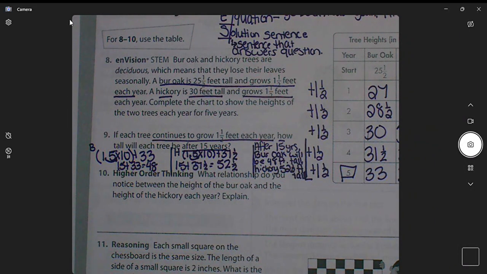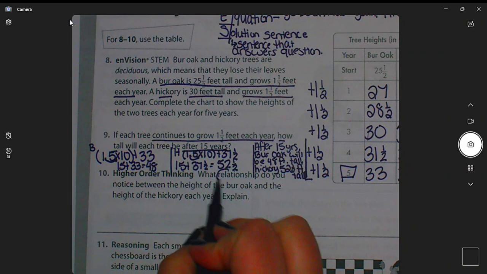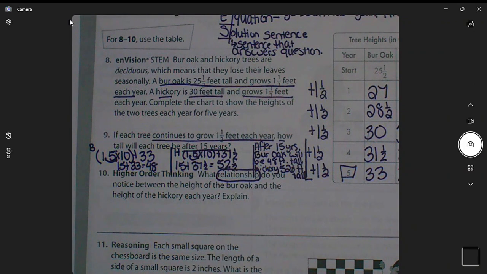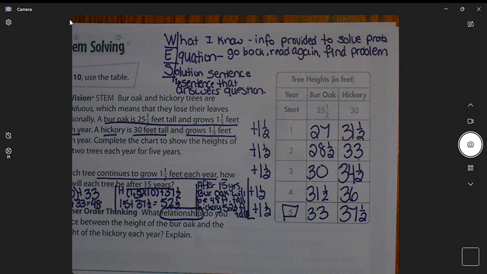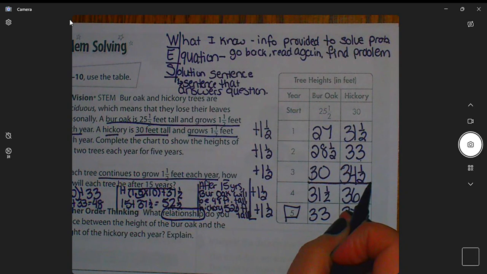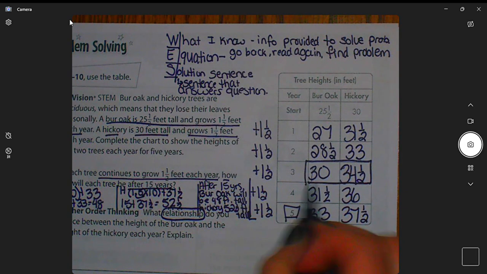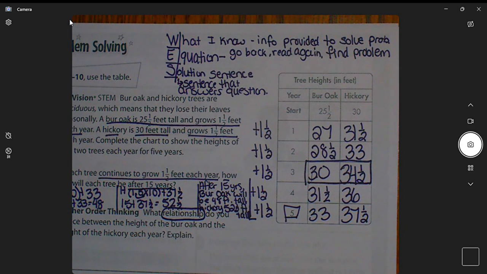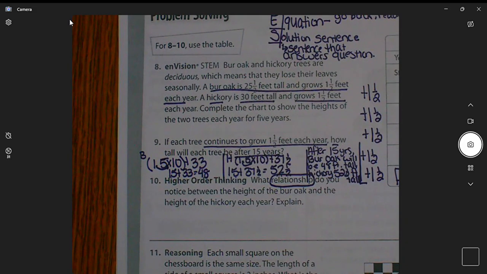Now, what relationship? We're going to look at this word right here. Relationship. What do you notice between the height of the burr and the height of the hickory every year? I think I'm going to look at year 3 to notice my difference. From 30 to 34.5 is how far? Yeah. So what do you notice about the height?